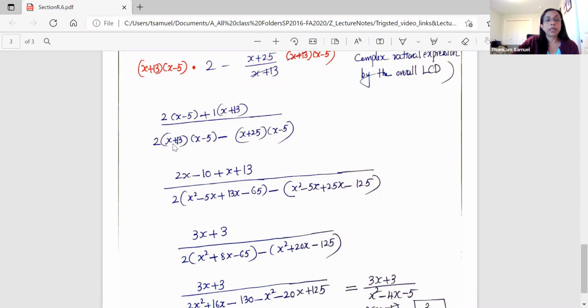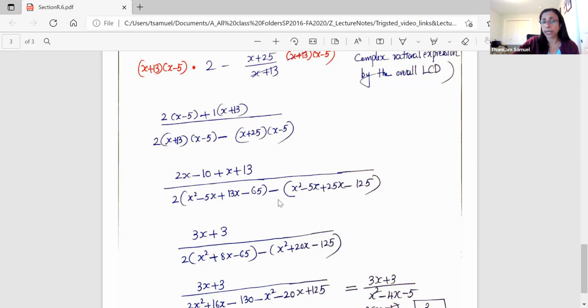So first take this product. You can do FOIL: x squared, then x times negative 5, that is negative 5x, plus 13 times x, 13x, then 13 times negative 5, minus 65. So 2 times x squared minus 5x plus 13x minus 65.